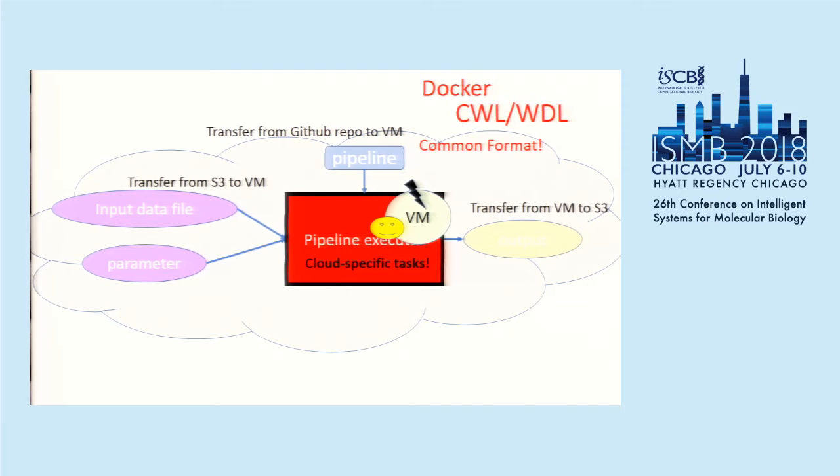If you have to install many dependencies to run a pipeline, packaging all into a single image and then later just generating a container would be a more efficient way if you have to bring the pipelines every time you run a virtual machine. So these technologies are all available, and what we are doing is to create this pipeline executor that meets our needs in a cloud-specific manner.